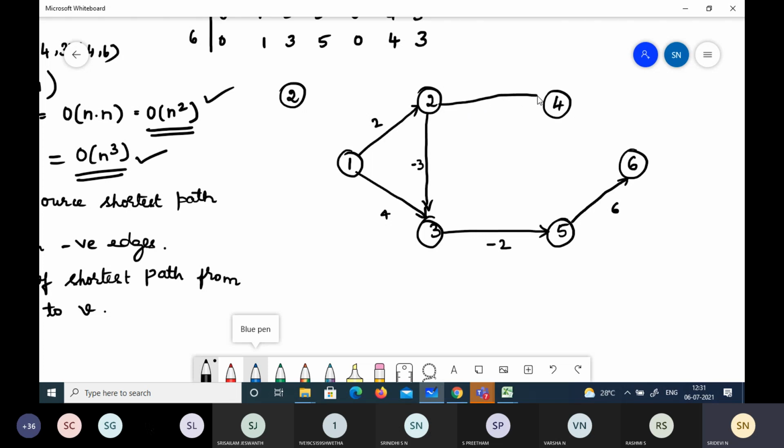And there is a path from 2 to 4 with the cost of 1. Then I have a path from 2 to 5 with the cost of 5. Then I also have a path from 3 to 4 with cost -4. Then there is a path from 4 to 6 with weight 8. There is also a path from 5 to 4 for the cost of 4.